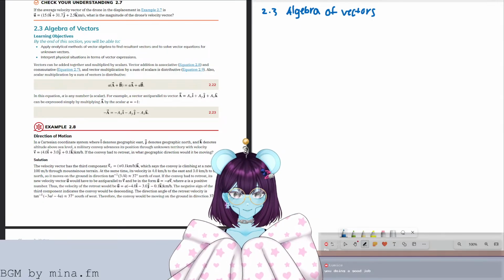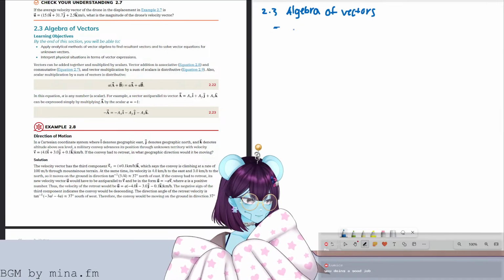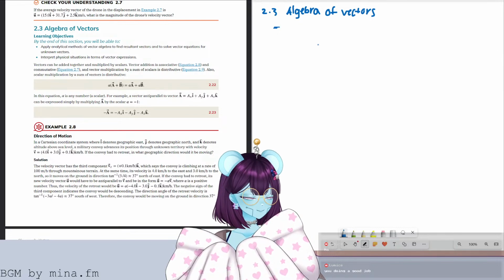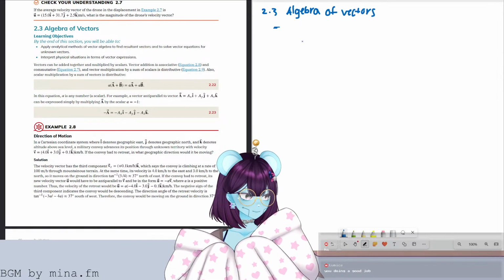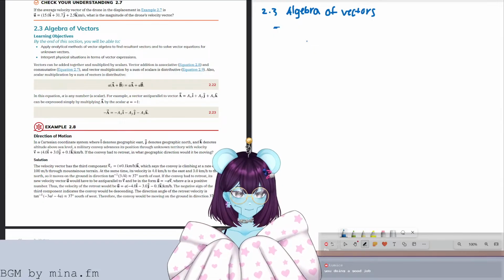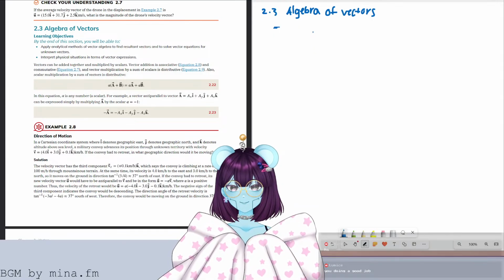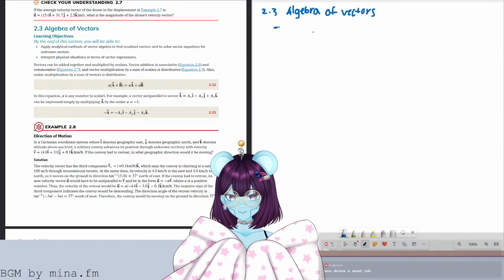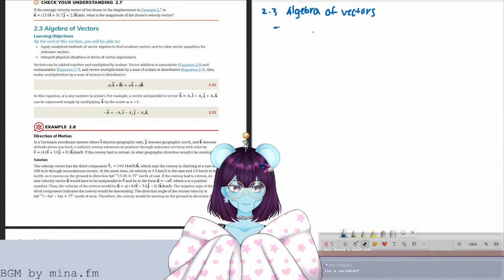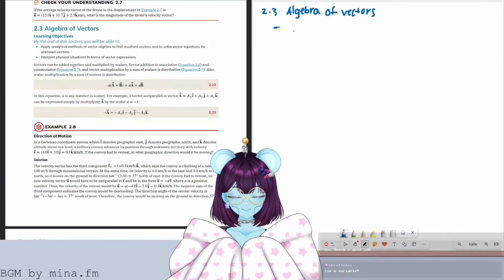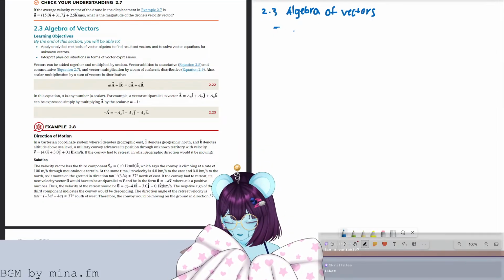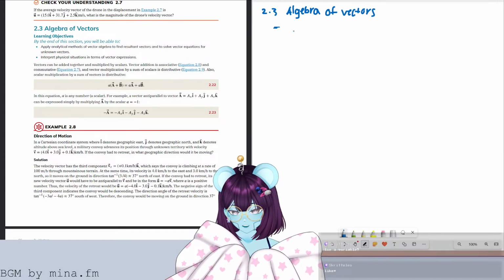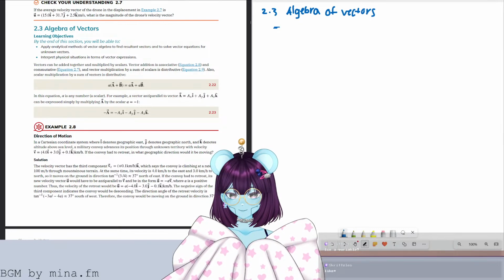Question, what is a scalar? A scalar is a singular value in a way. So it's got like one piece of information. A vector has two pieces of information. So let's say velocity is 40 kilometers per hour.